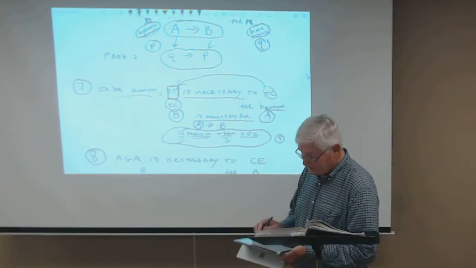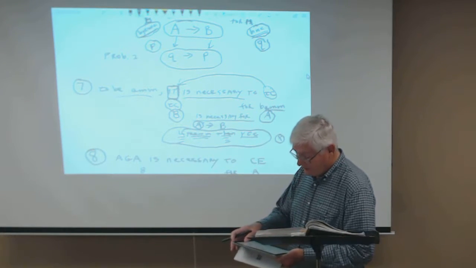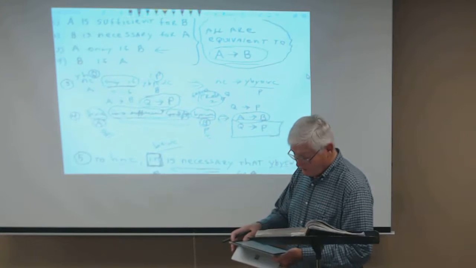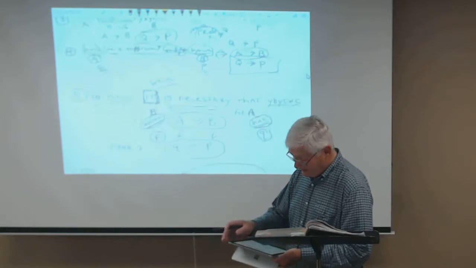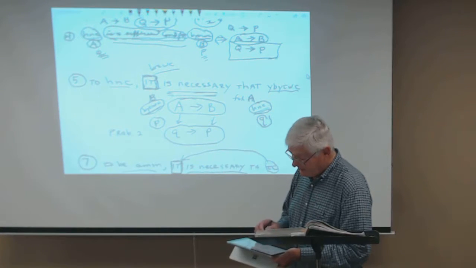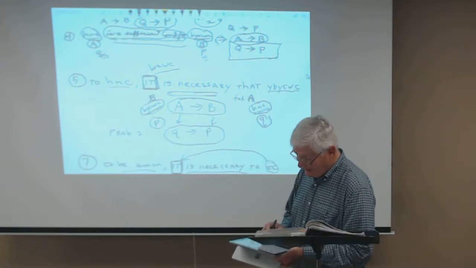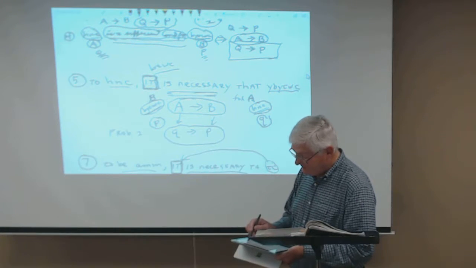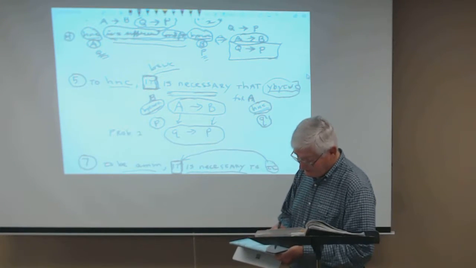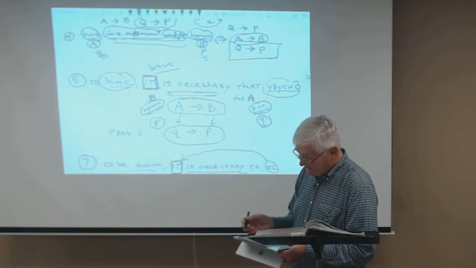We took the original statement, circled the "it," went to the chart, looked at the second sentence, necessary for, and took B and A, came down here and said B is necessary for A, and that translates to if A then B. Then we figure out which information goes with B and which information goes with A.